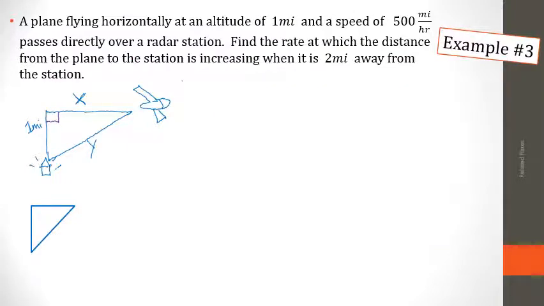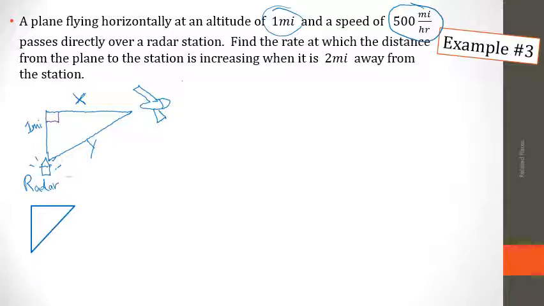Okay, on this one we have a plane flying horizontally at an altitude of 1 mile, and it's at a speed of 500 miles per hour, which is pretty important, so I'm going to circle that. It passes directly over the radar station, which is down here.